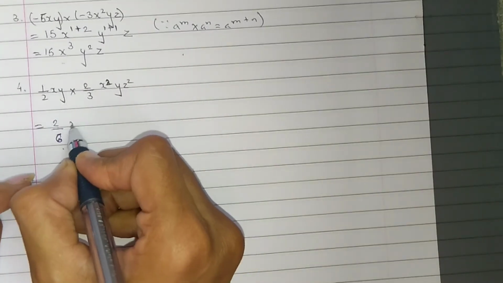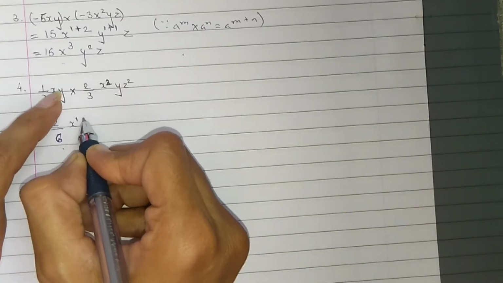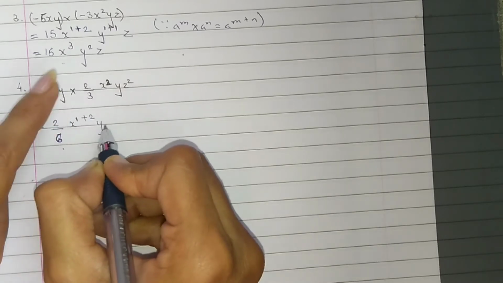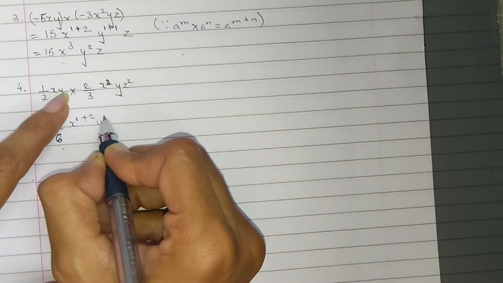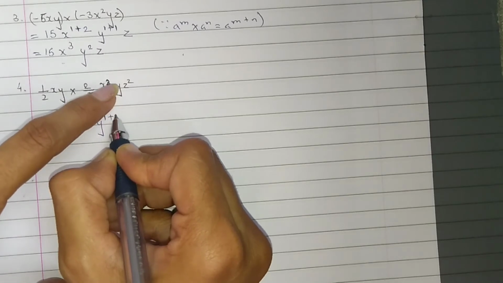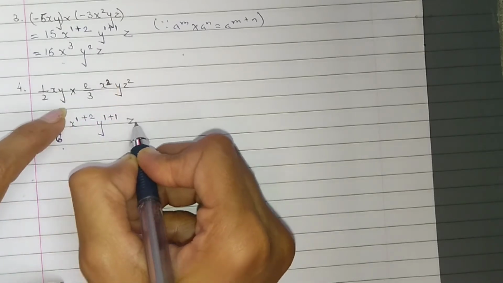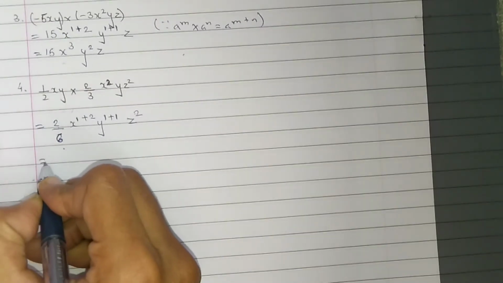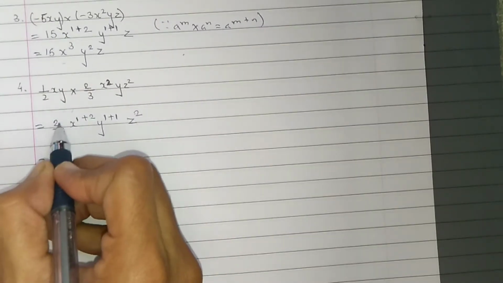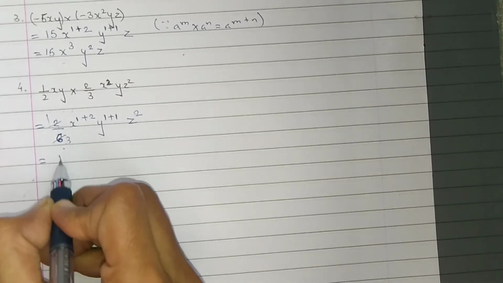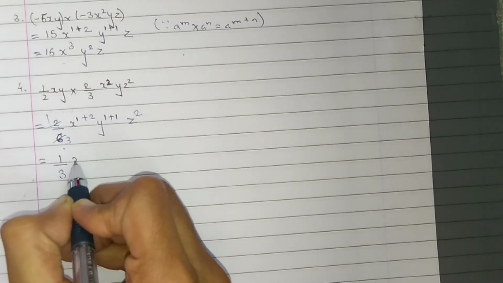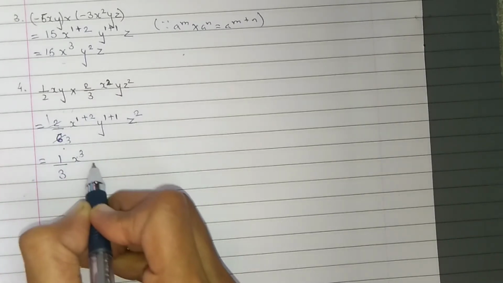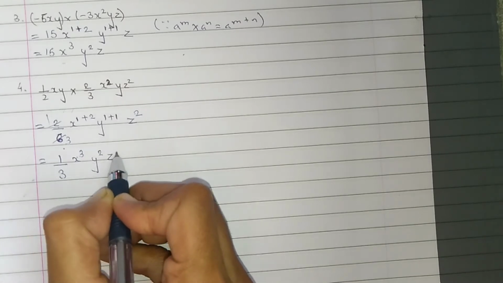Then x raised to 1 plus 2, y raised to 1 plus 1, and z, here z is not there, so z square. So equal to, we can cancel this, 2 ones are 2, 2 threes are 6, so 1 upon 3 x raised to 3 y raised to 2 and z raised to 2 is the answer.